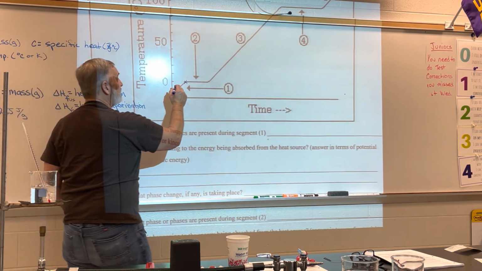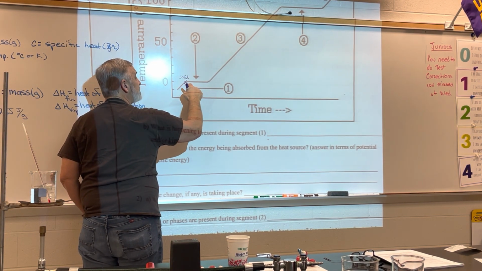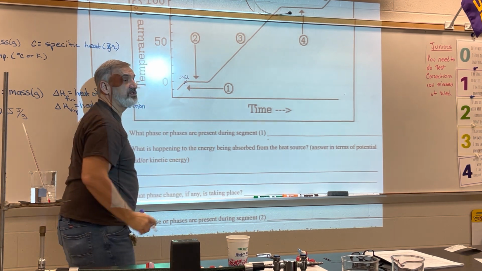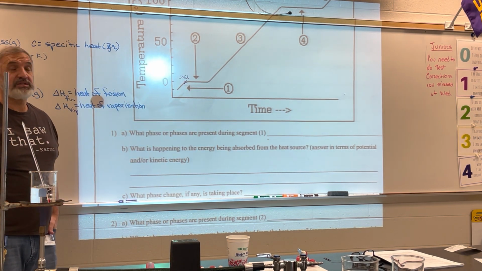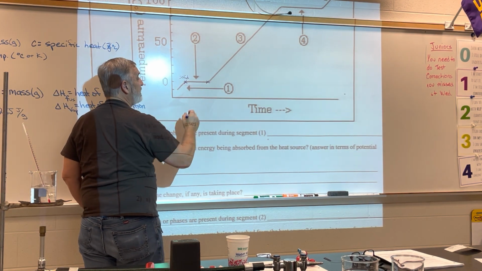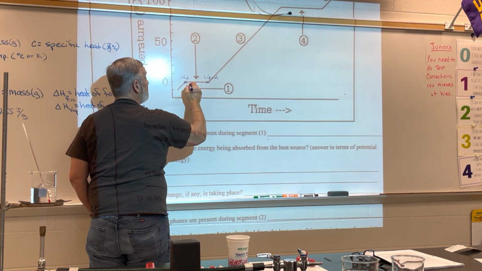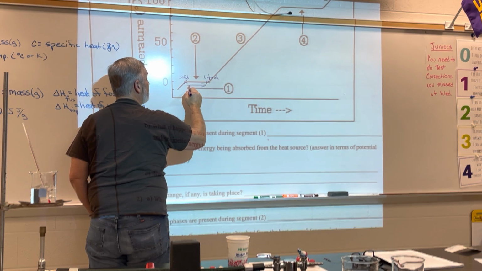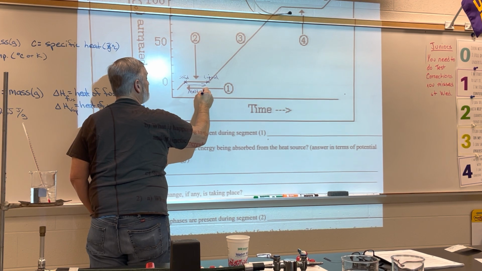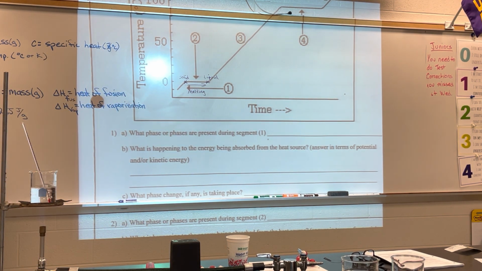At the very beginning right here, it's a solid. But what did we say was occurring on this horizontal line? Look at your graph from yesterday. It's melting. So it starts as a solid. What phase is it here? It's a liquid here. Okay? So this is my melting phase taking place right here. So are the molecules speeding up at all?